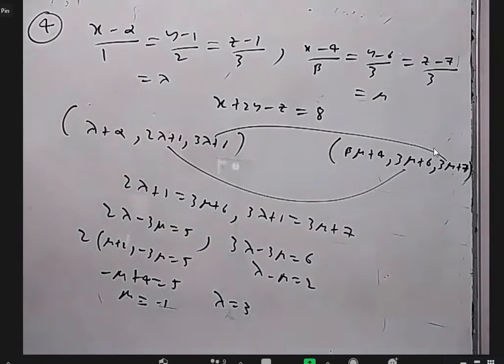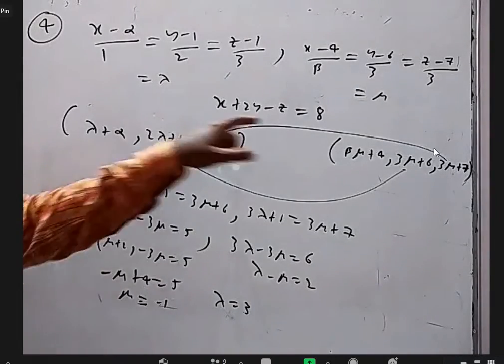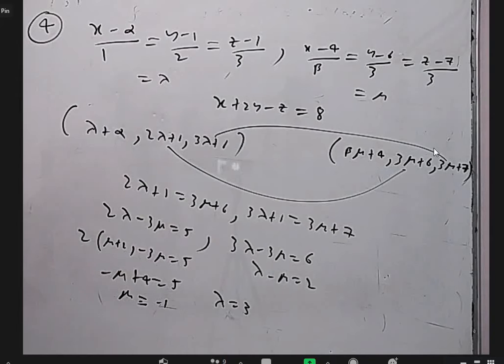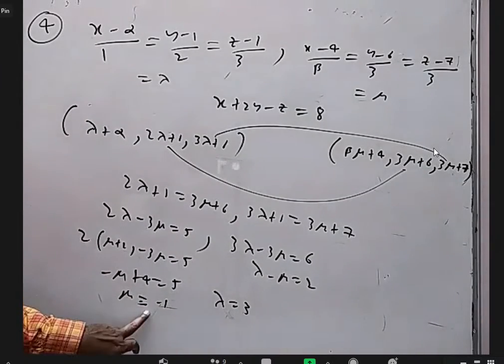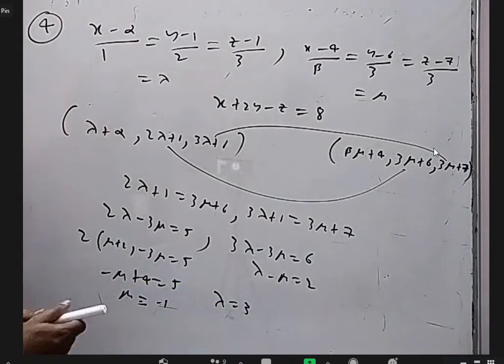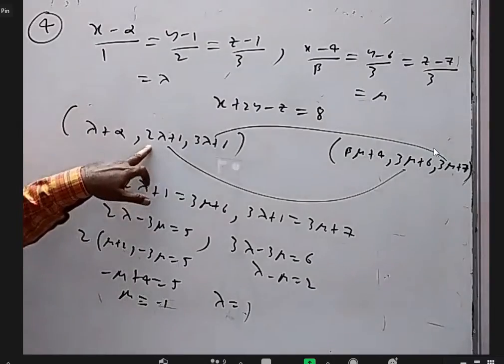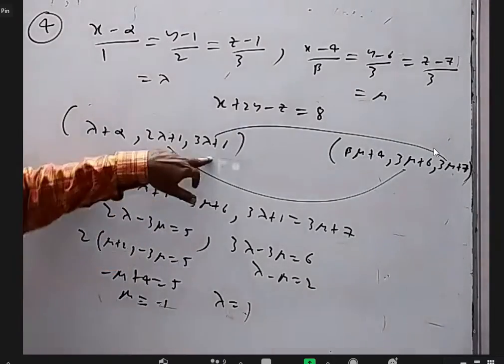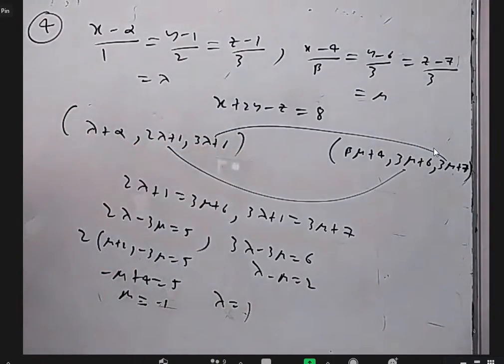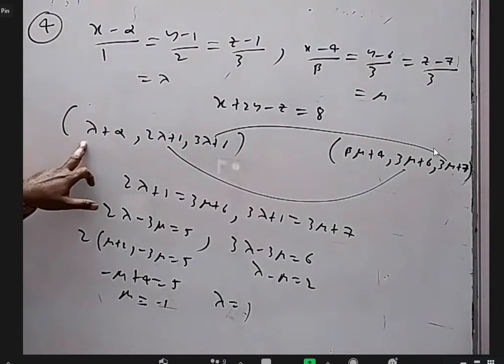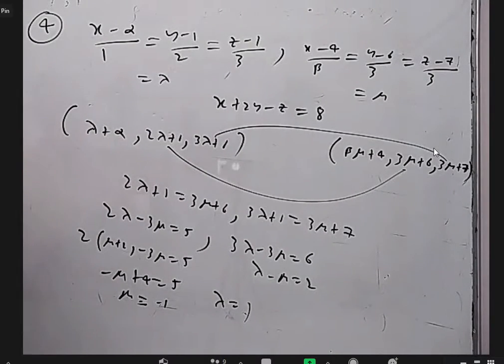No, something wrong. Okay. Mu equal to minus 1, lambda equal to 1. If I put lambda 1, 3, mu minus 1, 3. If I put lambda 1, 4, mu minus 1, 4.